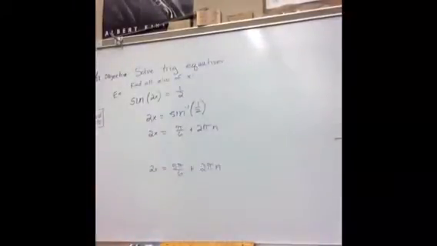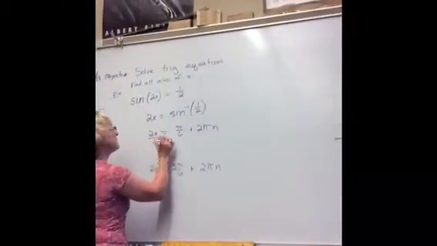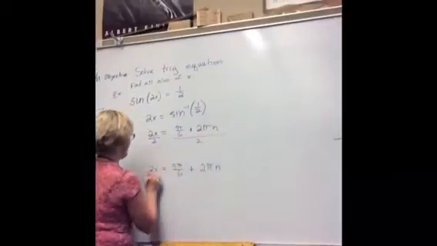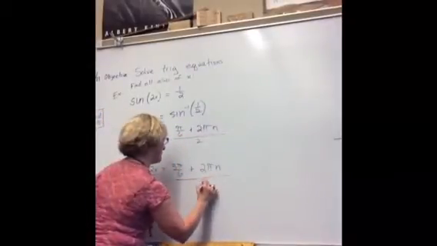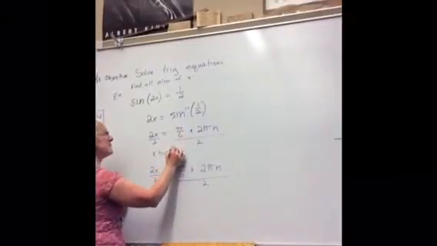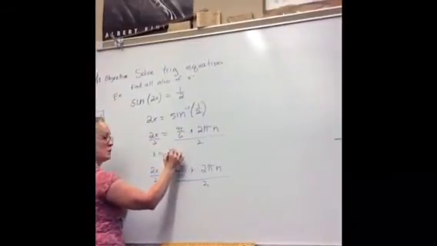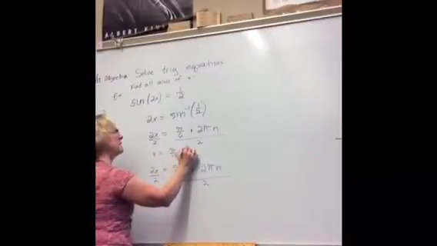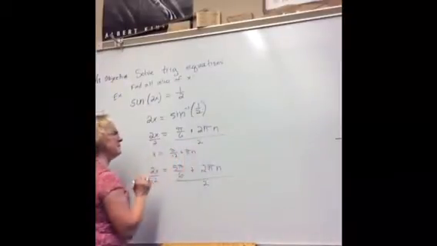So you just divide both sides by 2. And you get x equals pi over 6 divided by 2, which is pi over 12, plus pi times n.